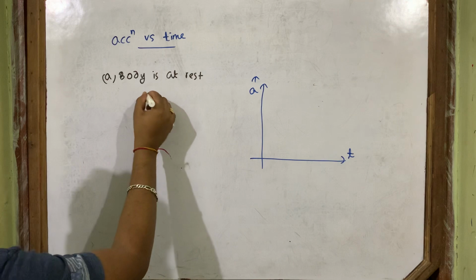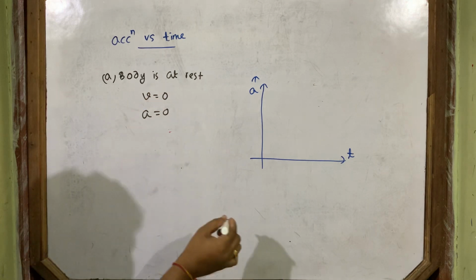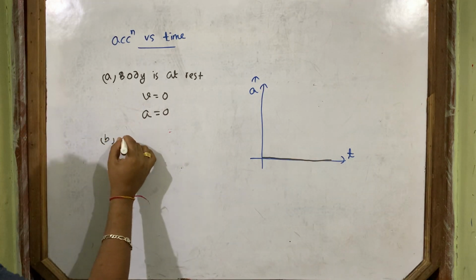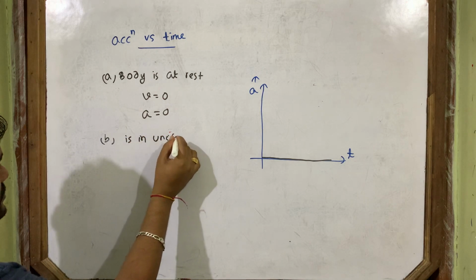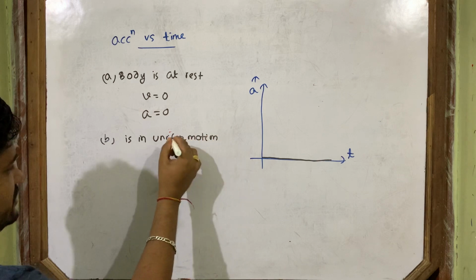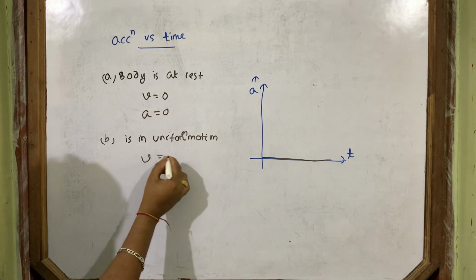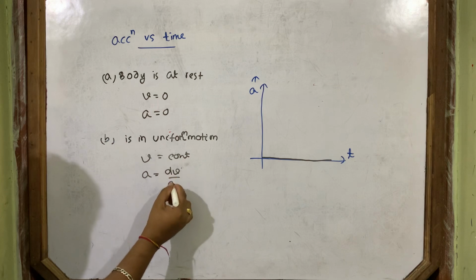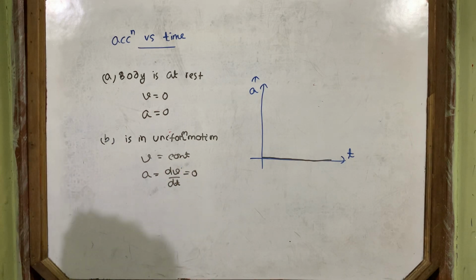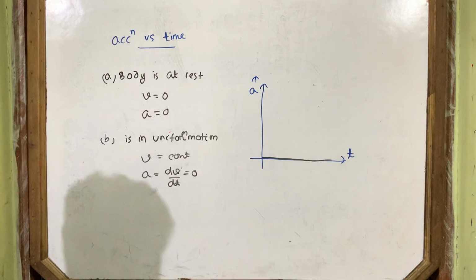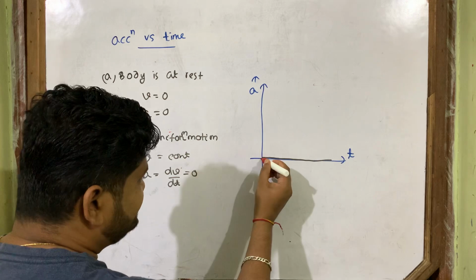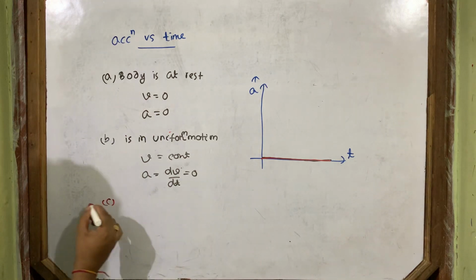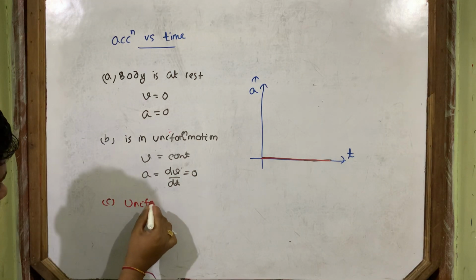Body at rest means its velocity is 0, so acceleration must be 0. So the graph is the time axis itself. Second, the body is in uniform motion. In uniform motion, velocity is constant. What about acceleration? Acceleration is dv by dt, which is equal to 0. If acceleration is 0, then the graph is also the time axis itself for uniform motion.